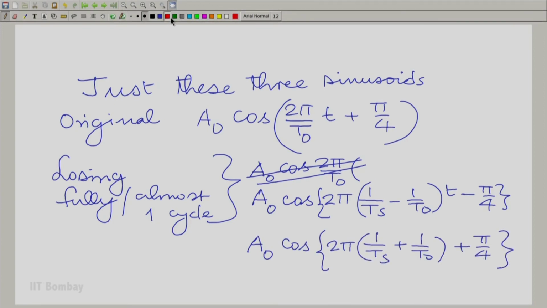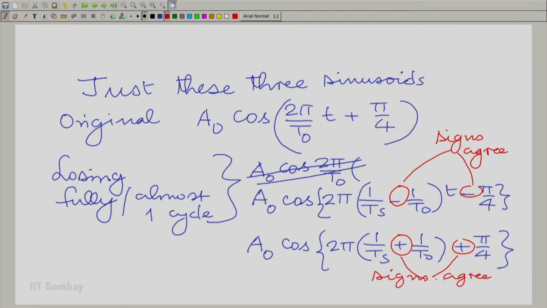So, notice something interesting here. These 2 signs agree. So, when I subtract the original frequency from the sampling frequency, I also reverse the phase, the starting phase, and when I add the original frequency to the sampling frequency, I add the original starting phase.